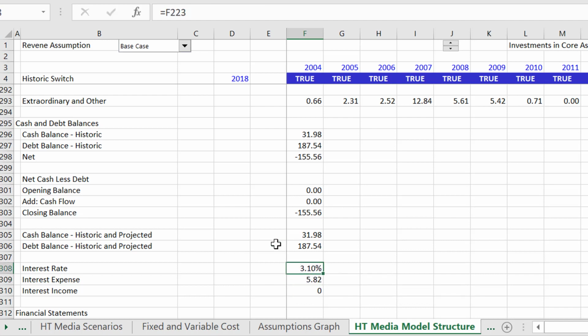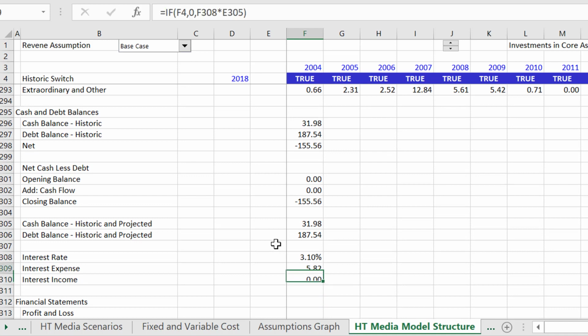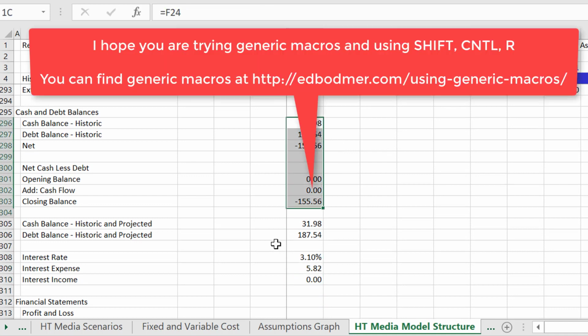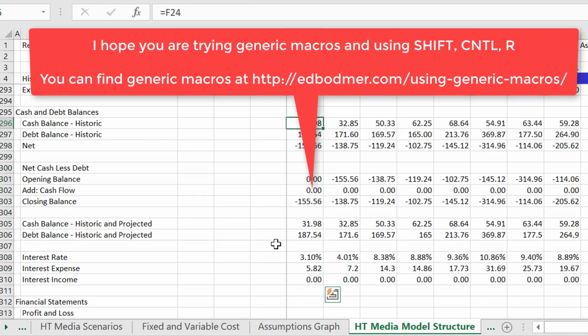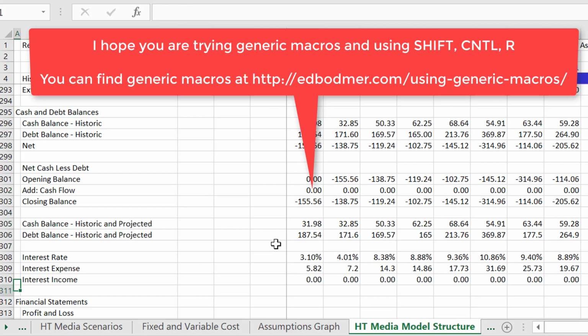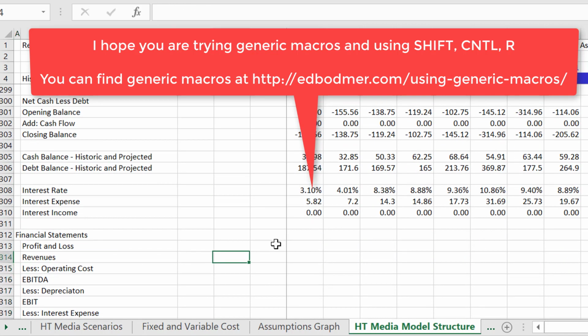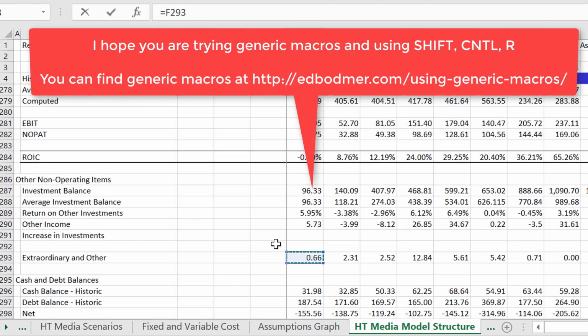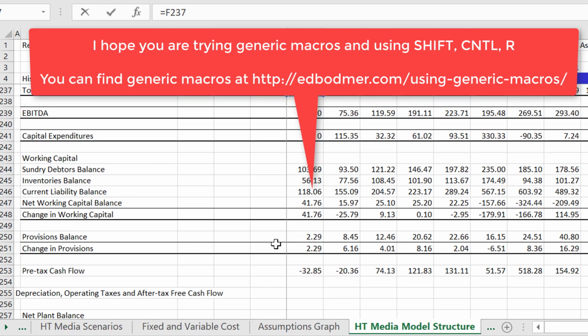This is to avoid the circular reference, all right? And then I'll copy these across. Now, the only thing we don't have, of course, is the cash balance. So right now we have a lot more debt than cash. Ugh, okay, I should have said something more profound, but okay.